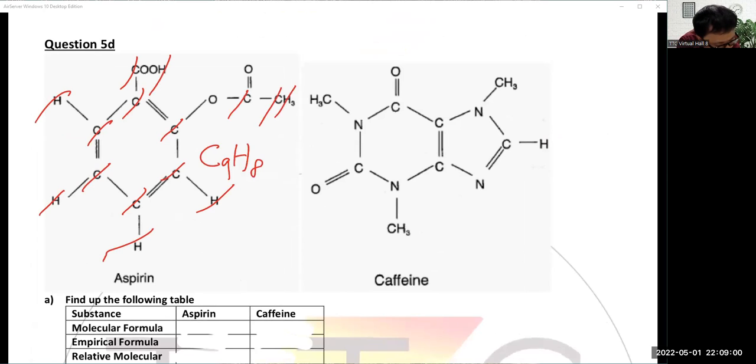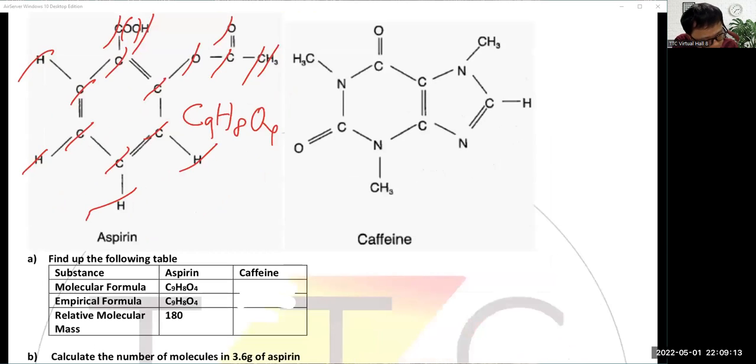And oxygen we have 1, 2, 3, 4. So the empirical formula cannot be simplified, so it will remain the same. The molecular mass, you have to calculate that. 9 times 12 plus 8 times 1 plus 4 times 16, you'll get 118.